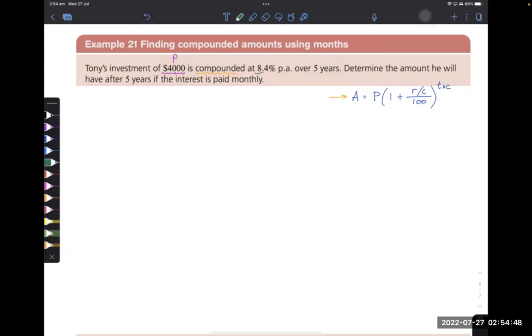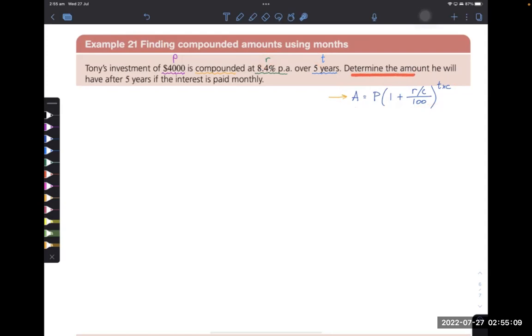We have a look at here at 8.4% per annum. That's going to be our rate. And we have this idea of 5 years, which is our T. Okay, we've got P, we've got R, we've got T. We've got most of our ingredients here.